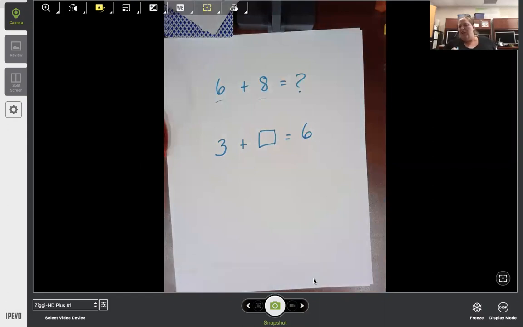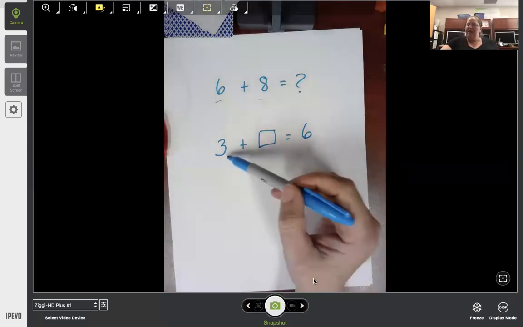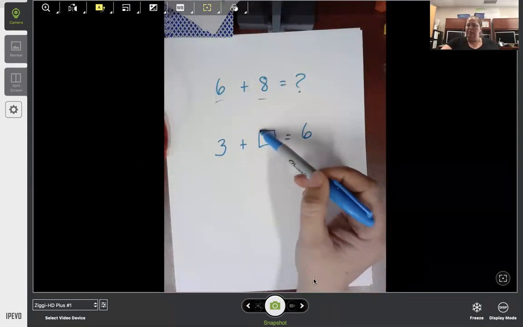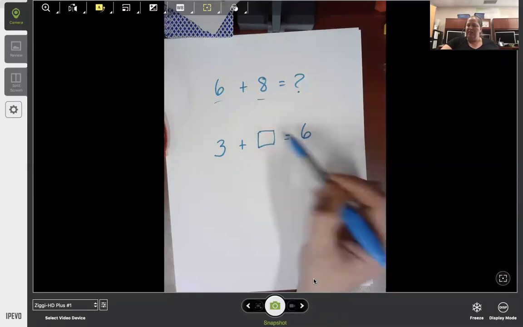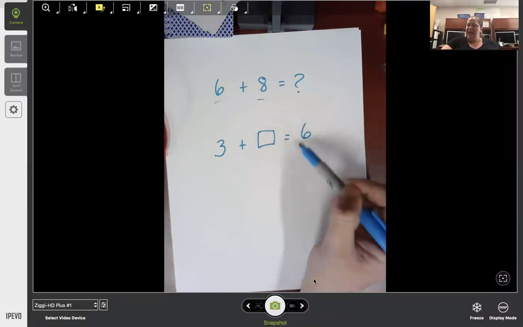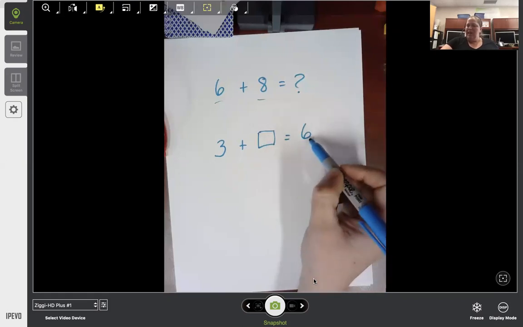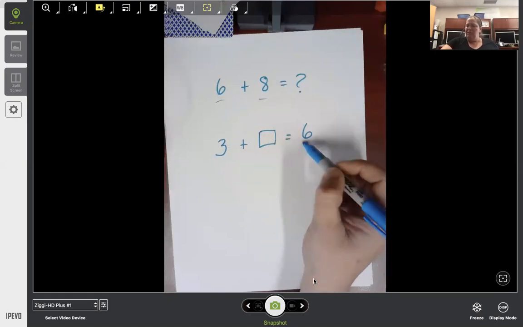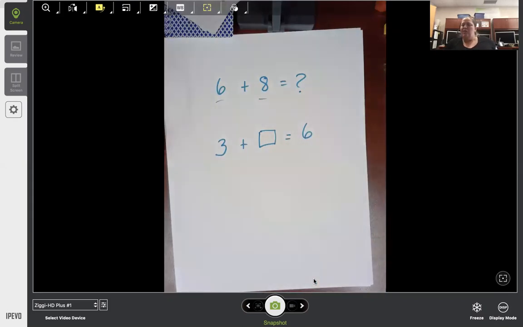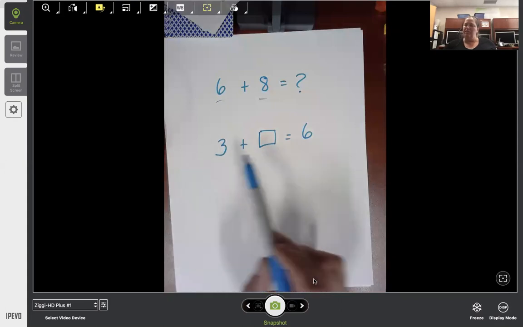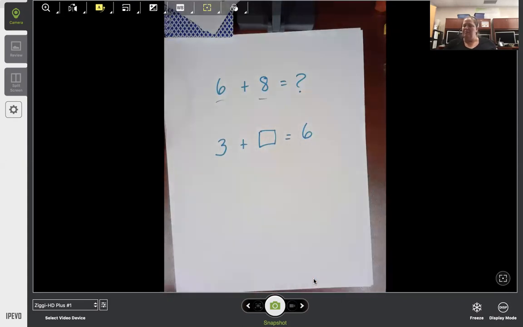And so that structure of problem helps them to do something a little bit different than counting, because they actually don't know how many I gave them. And I'm picking the numbers very specifically, this small double, so that they can get in on the idea that maybe they could solve this one without counting, because they know something about 3 plus something gives me 6.